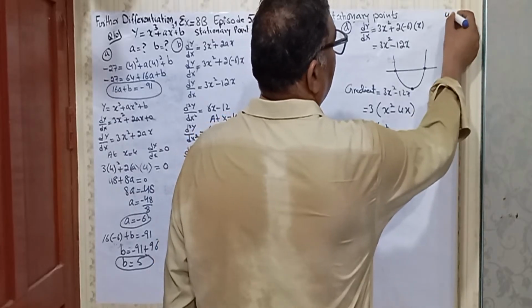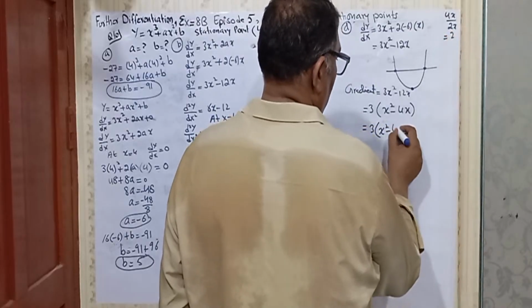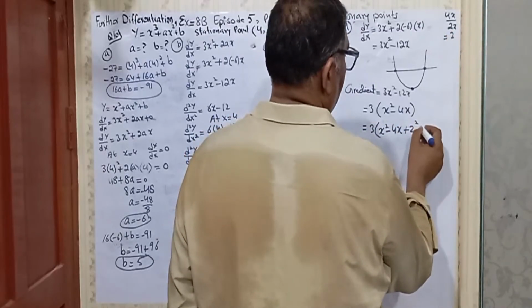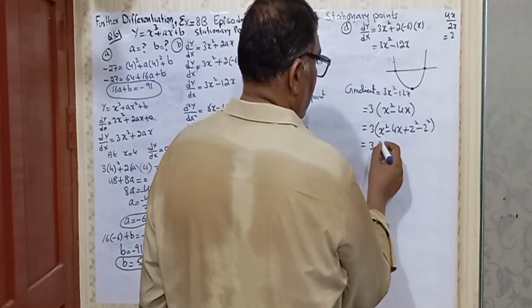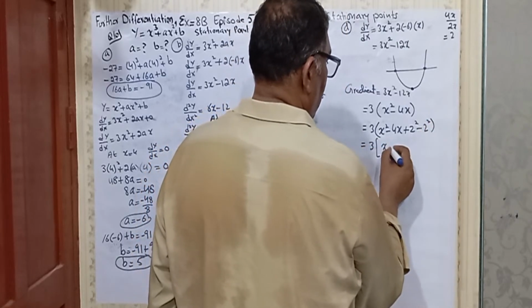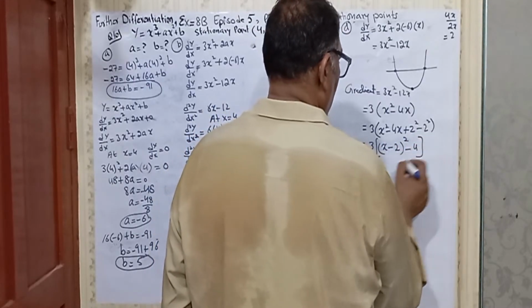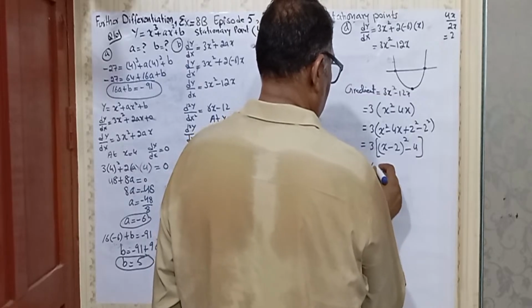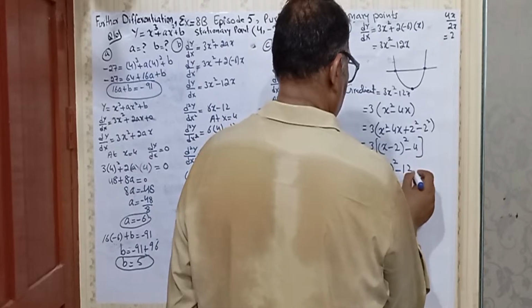In your rough work, 4x divided by 2x gives 2, so add the square of 2 here and subtract the square of 2 here. So this will be x minus 2 whole squared, minus 4. So this will be 3 bracket x minus 2 whole squared, minus 12.